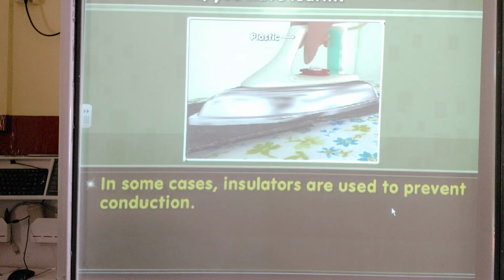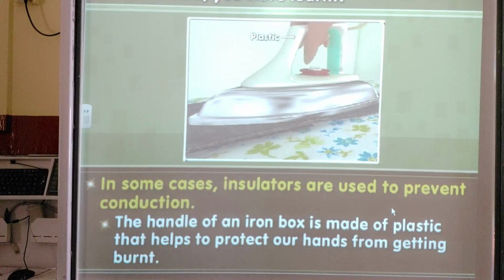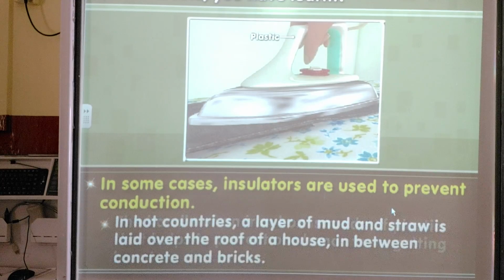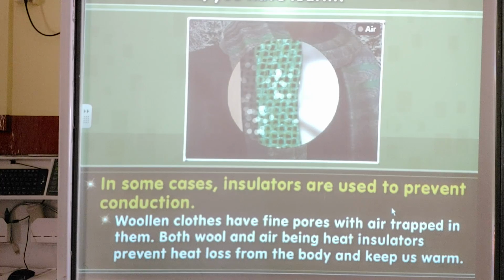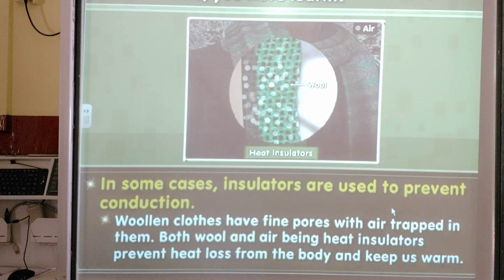The handle of an iron box is made of plastic that helps to protect our hands from getting burnt. In hot countries, a layer of mud and straw is laid over the roof of a house in between concrete and bricks. Woolen clothes have fine pores with air trapped in them. Both wool and air being heat insulators prevent heat loss from the body and keep us warm.